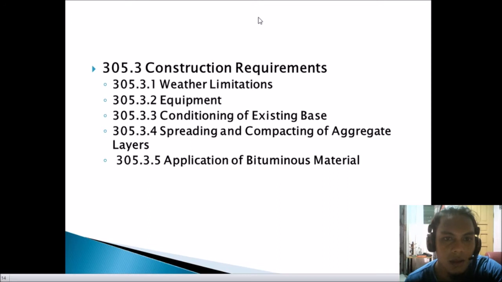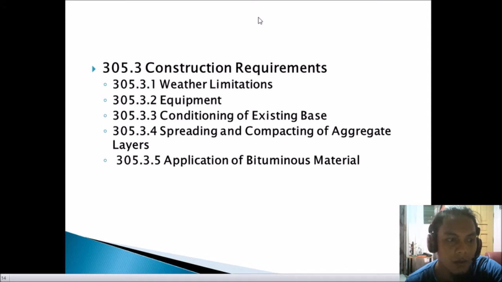So next is the equipment. Equipment to be used shall include hand or power operated brooms. If by hand, that means shovel, rake, self-powered bituminous material distributor, or hand or power operated spray pumps, brooms, dragging equipment, and self-powered rollers.